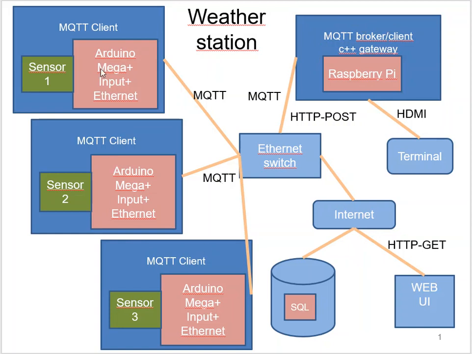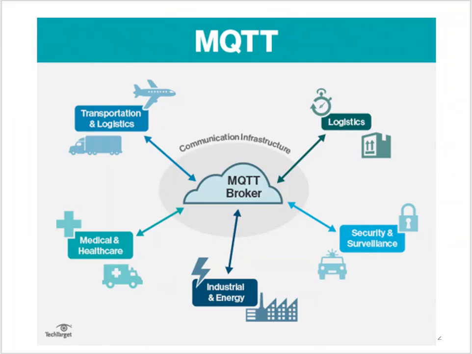So the data is carried inside the MQTT protocol through the network to the MQTT broker. All the functionality in the MQTT system is based more or less on the MQTT broker.